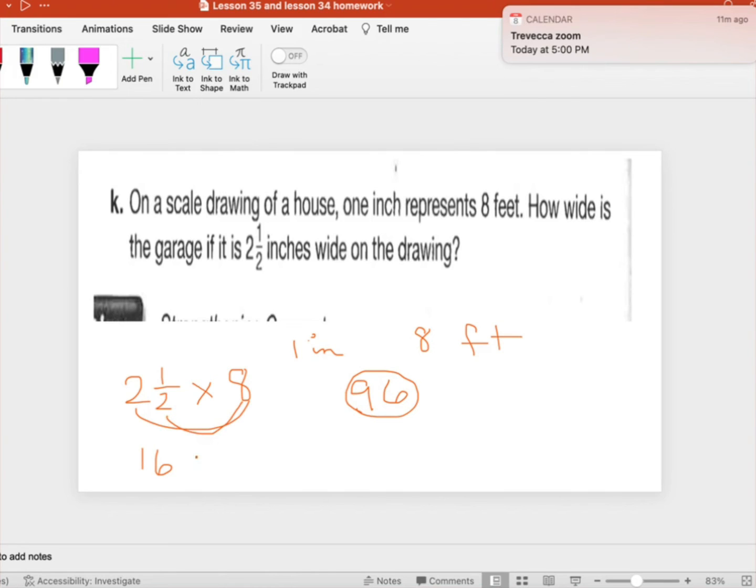Half times 8 is 4. 16 plus 4 is 20. But it's not 20 inches, is it? It's 20 feet, because we multiply by 8 and then change the inches to feet. And that's the same thing as multiplying by inches and then converting it back.